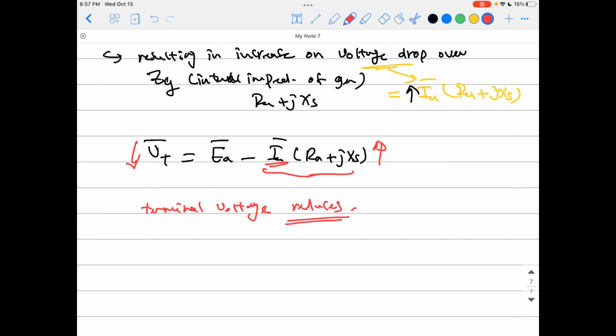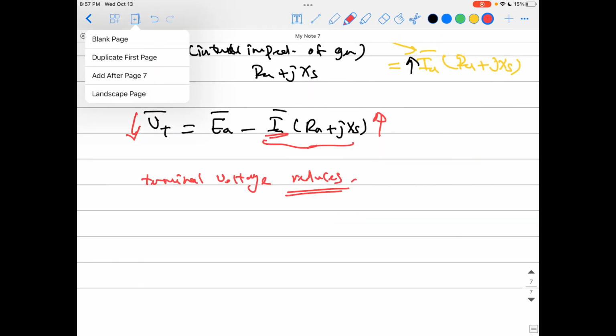If you're talking about bigger appliances, it's much worse, for example a motor. A decrease in the voltage will most of the time result in an increase in the current of this machine, because the motor has to deliver a certain power. The electric power input of the motor is V multiplied by I. So if V goes down, the current has to increase to meet the power, and that means more current moving into the machine. It can burn it down. So typically, we cannot let the terminal voltage of the generator play around like that.